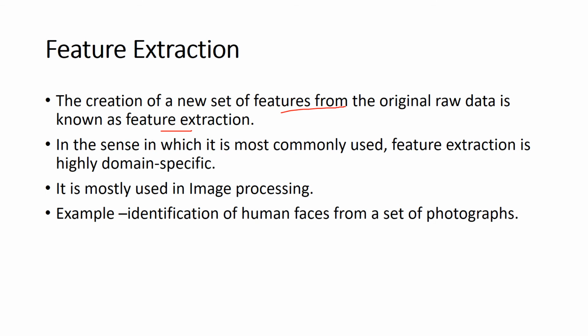So feature extraction is highly domain specific, and it is mostly used in image processing. Let us look at an example of how feature extraction is going to be very helpful. So let us take the example of identification of human faces from a set of photographs. So we have a few photographs here.